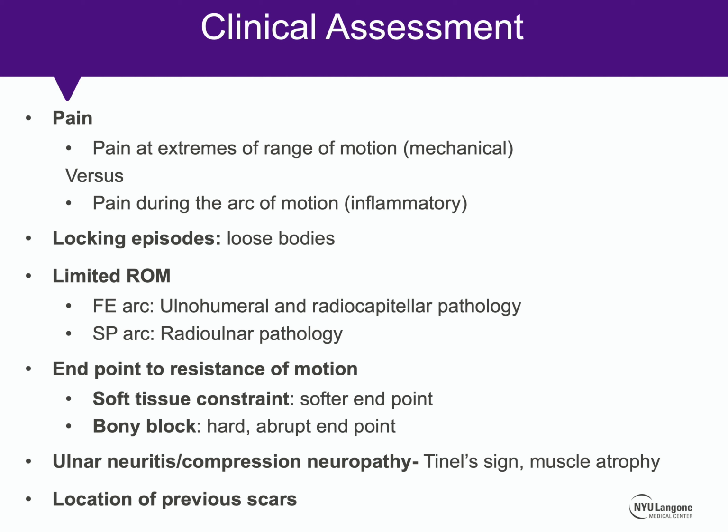A soft tissue contracture typically will result in a softer endpoint, and a bony block which results from osteophytes is usually hard and abrupt. One should look for symptoms of ulnar neuritis and signs of compression neuropathy, and you should also look for prior scars from surgery during examination of a stiff elbow.